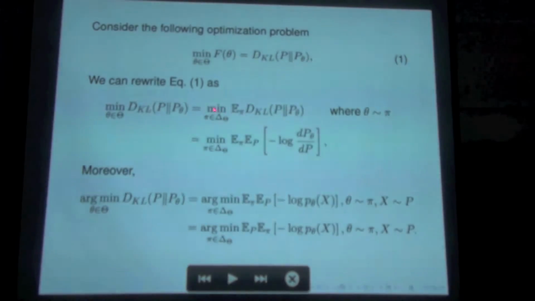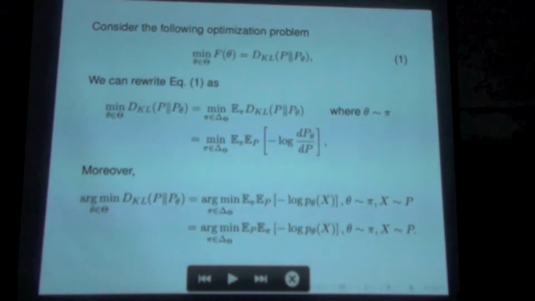Then I do minimization over the set of all probability distributions pi. You see these two problems are equivalent? Because the solution to the first problem is theta star, and the solution to this problem is a probability distribution pi that is a delta function on theta star. When I take expectation with respect to the delta function, I go back to the original problem.